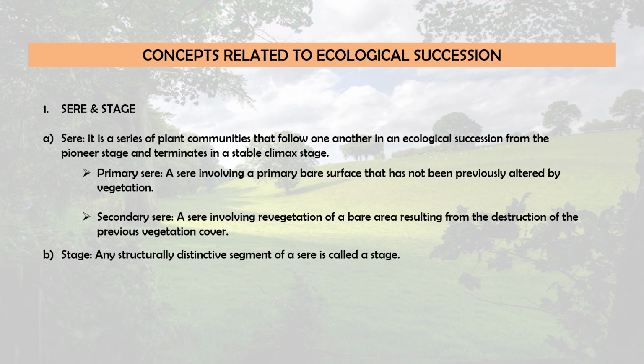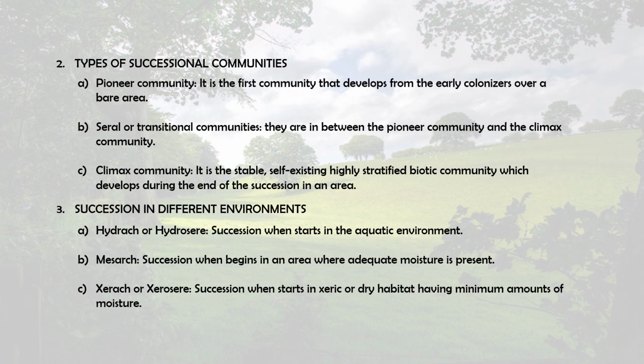So next one is types of successional communities. So there are basically three types of successional communities. First one is pioneer community. They are the first community that develops from the early colonizers over a bare area.